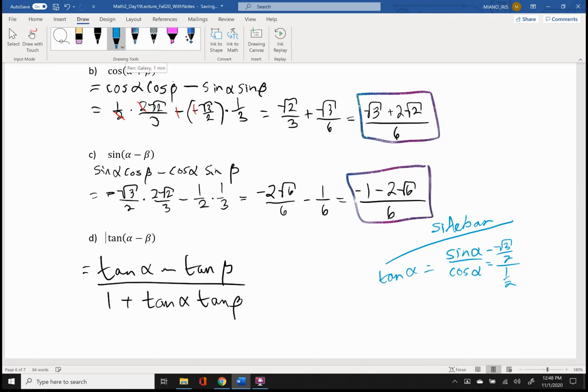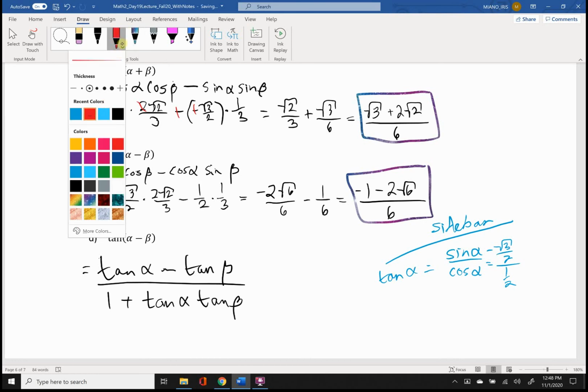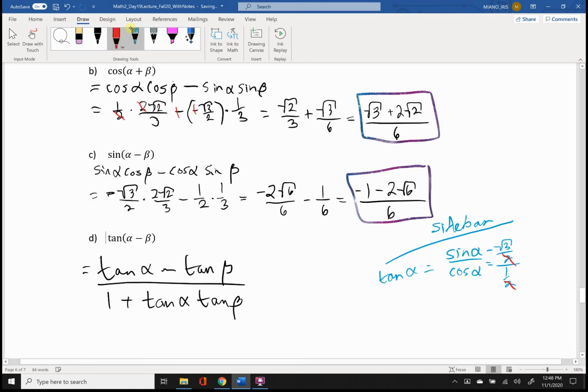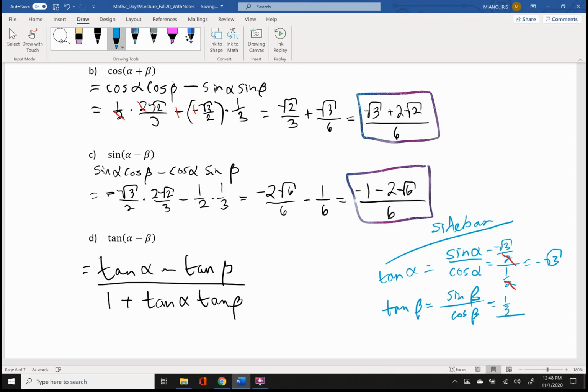And this one you might be able to do even quicker than what I'm doing. Those cancel, and it's just negative root 3, right? Cool, you knew that. Negative root 3. Great. Now for tangent beta, that's sine beta over cosine beta. Duh, we get that. Equals 1/3 over 2 root 2 over 3.